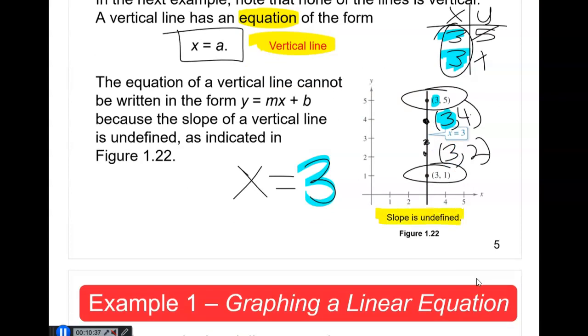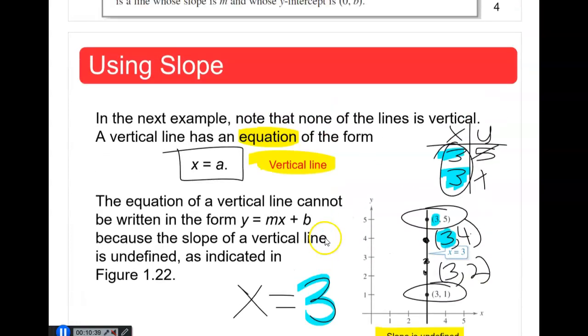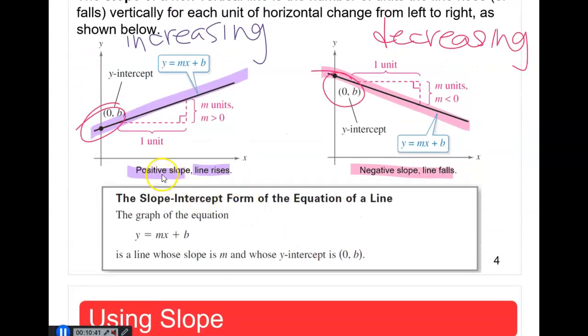So just to review, we had positive slopes. We could also write this as m greater than 0. And we use the letter m because it's the first letter of a French word that refers to a mountain.